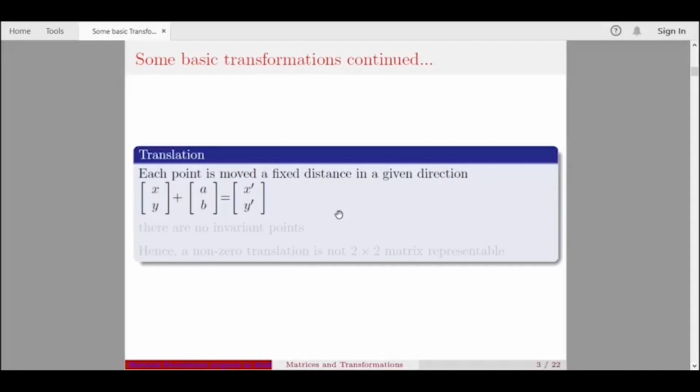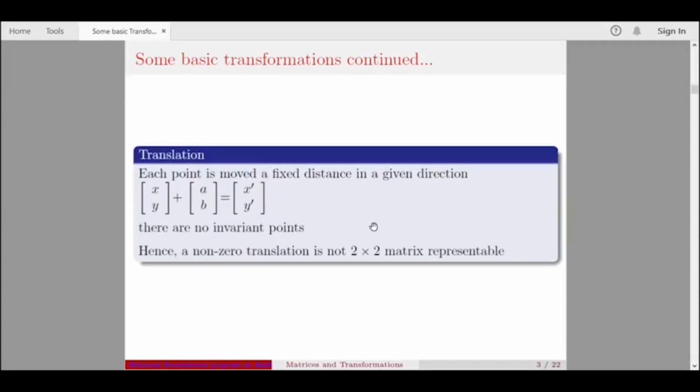You can see that in this translation there are no invariant points unless (a, b) is 0. If (a, b) is not equal to 0, that is, this column vector is not 0, then there are no invariant points, and x cannot be equal to x', y cannot be equal to y'. Hence a non-zero translation is not 2 by 2 matrix representable.